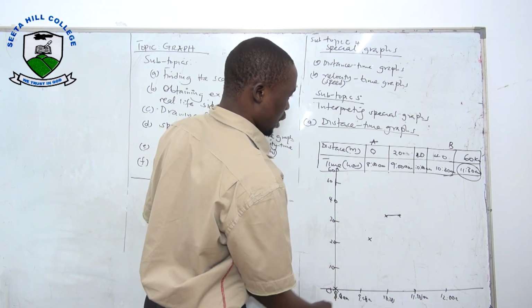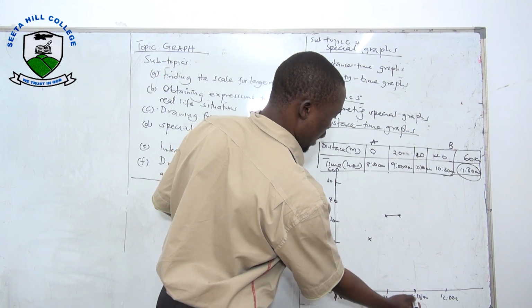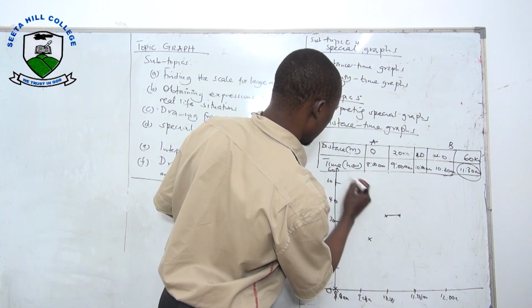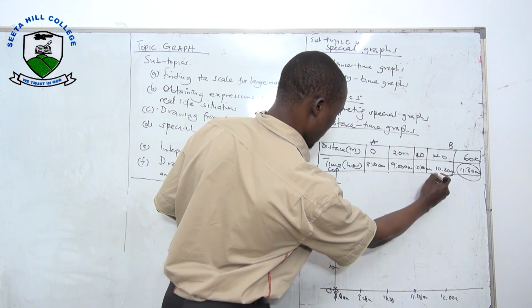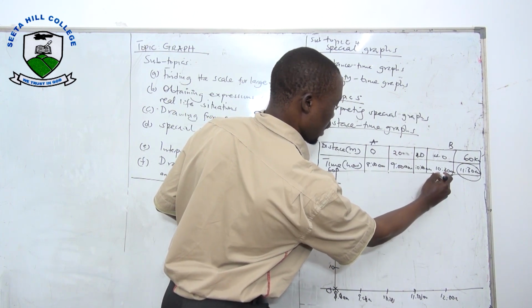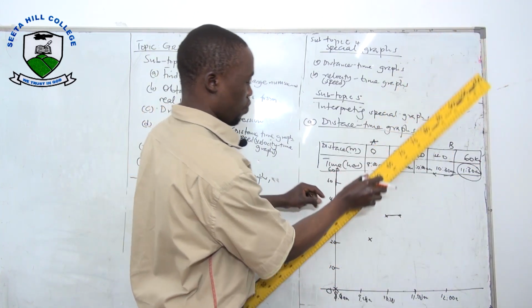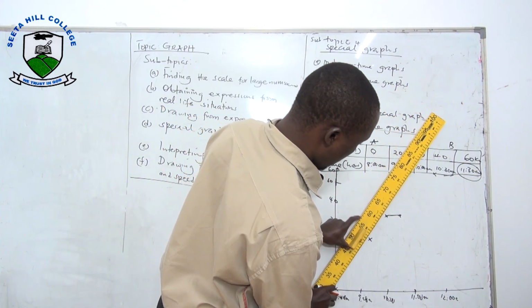Then finally, he arrives at 11:30, and the distance there is 60. That's how the distance-time graph will look.